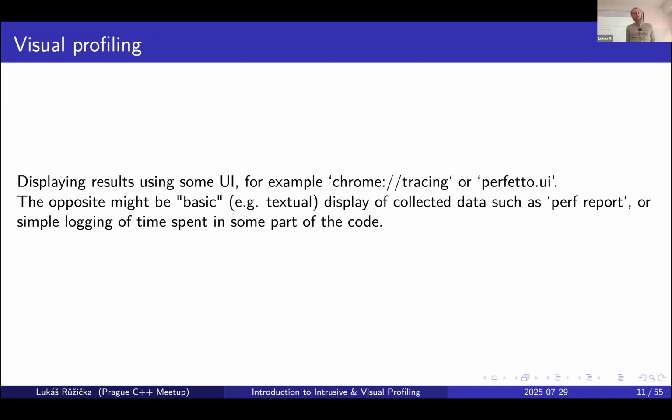Available tools are, for example, built into Chrome: if you enter chrome://tracing, you get an internal UI where you can load traces in one particular format, play with them and evaluate them. It's very similar with the Perfetto UI. It's a web service that's kind of free, it seems to me, which I started to like and use for this purpose.